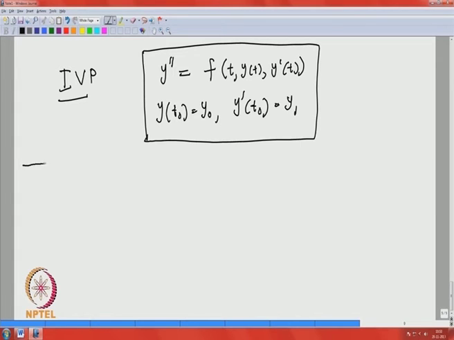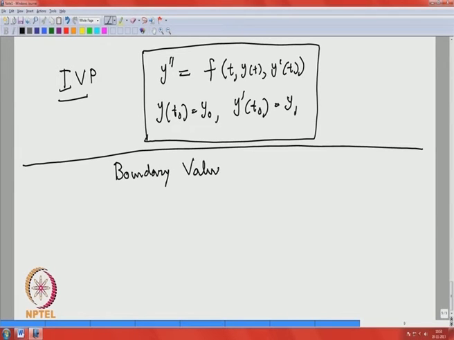But as far as second order equations are concerned, there is another interesting set of problems called boundary value problems. Quite often the second order equations may be defined in just an interval a b. There are many applications, especially equations coming from Sturm-Liouville systems representing mechanical problems and vibration problems.